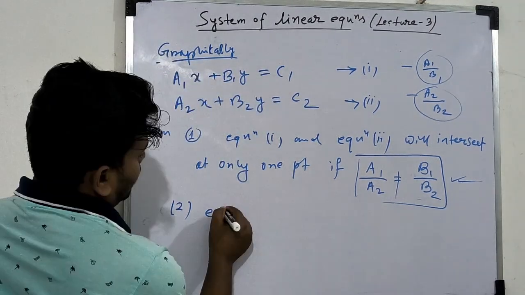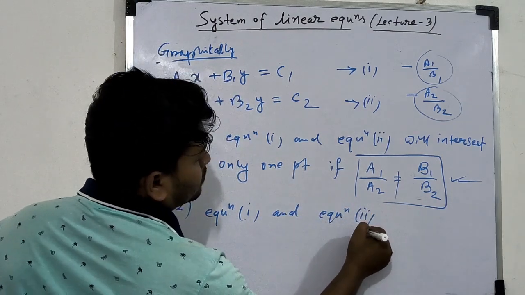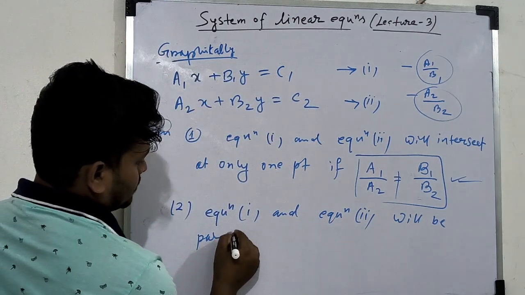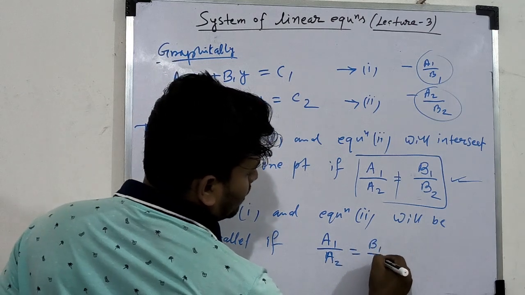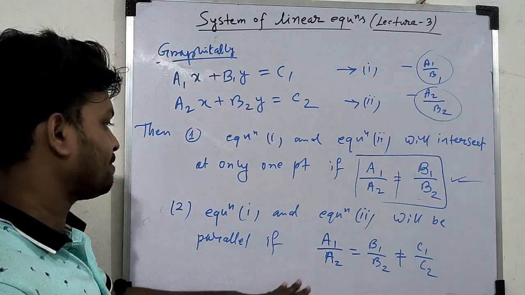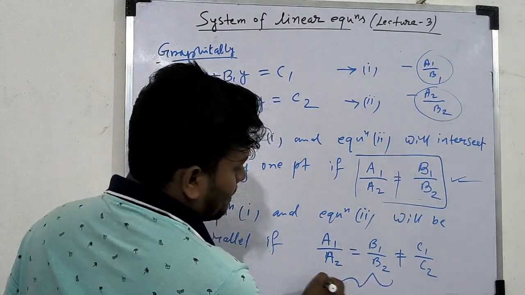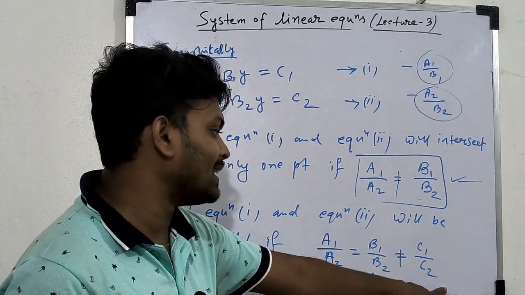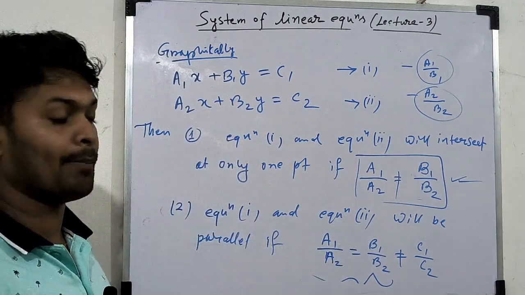Secondly, equation 1 and equation 2 will be parallel if a1 by a2 equal to b1 by b2 but not equal to c1 by c2. That is, if the slopes of these two equations are the same but the y-intercepts of these two lines are different, then this happens, and these two equations will be parallel.